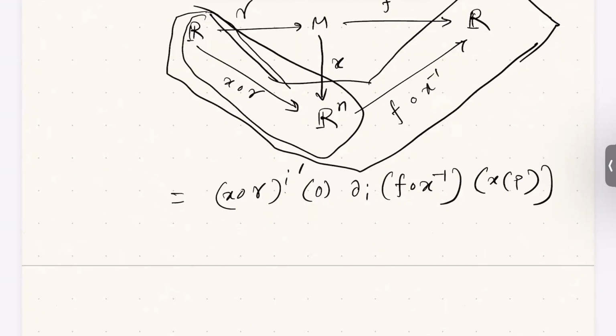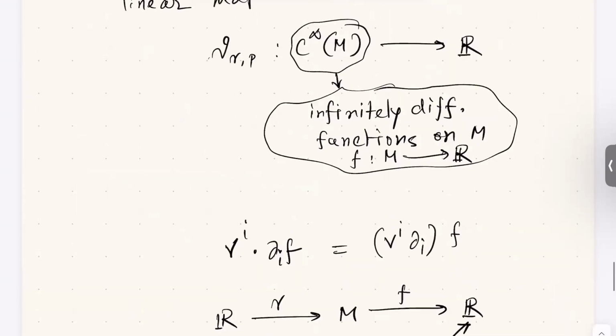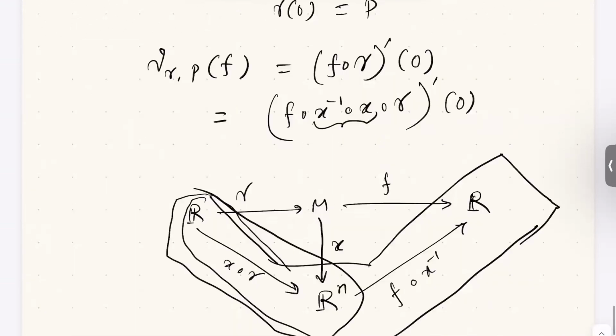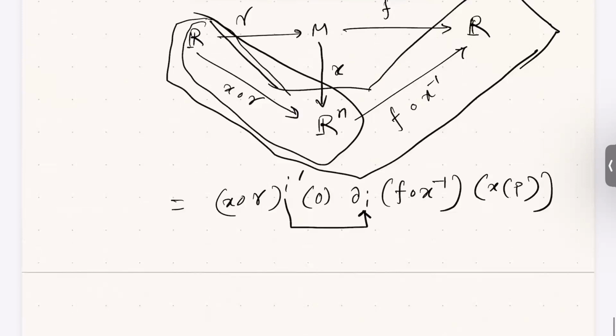Then this one is something similar to this, right? And this is f∘x⁻¹ evaluated at the point x(p). And for this, I'm considering this.